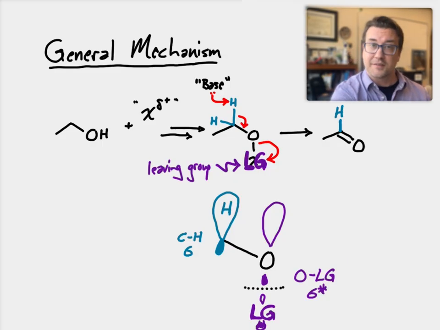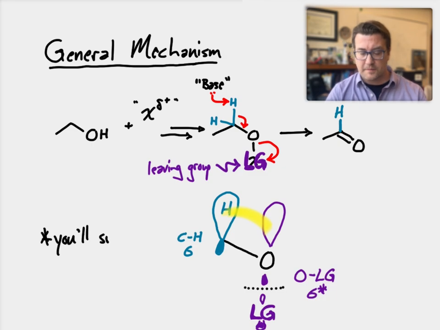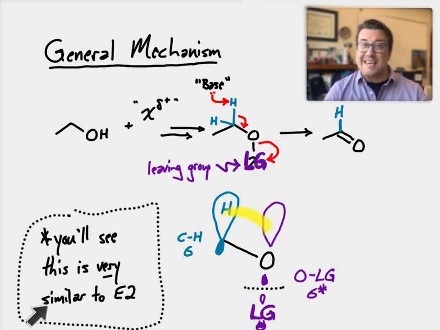Again, when you add electrons to a sigma star, you break the bond. You're sharing electron density into this bond, which then breaks the bond. You'll see this is very similar to the E2 mechanism that you'll see in other videos, and you might hear from other classmates who are taking organic chemistry. So again, a very similar mechanism, E2.